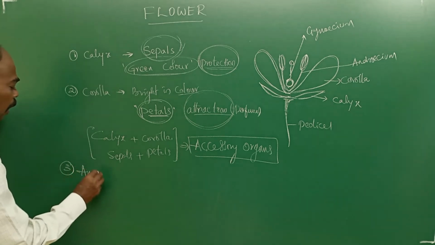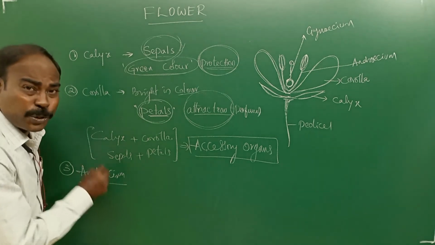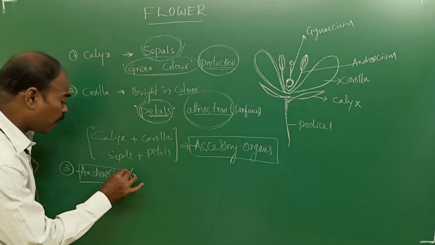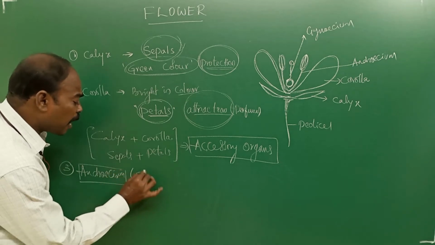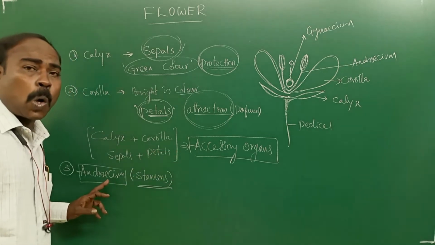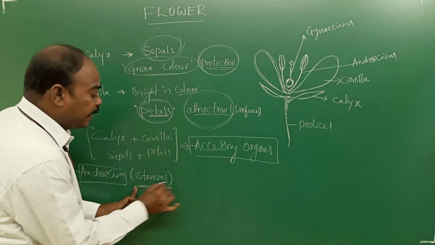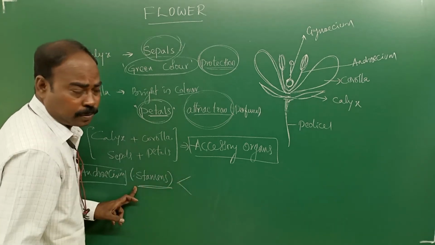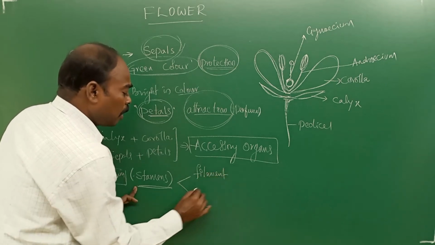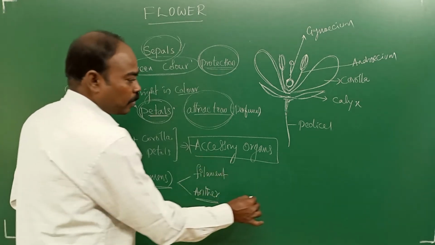Third whorl is called androecium. Androecium is the structure of modified leaves having stamens. The modified leaves of the whole androecium are called stamens. Each stamen has two parts, that is one filament and one globose structure called anther.